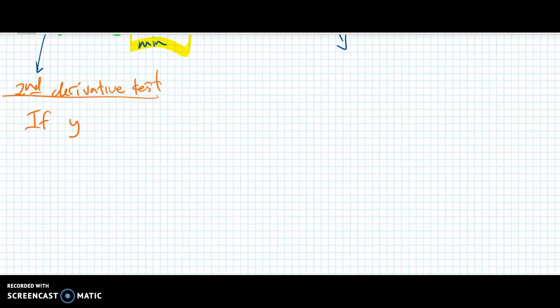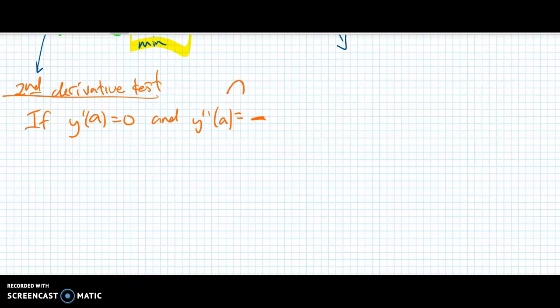You could write it in multiple different ways, but if y prime of a is equal to 0 and y double prime of a is negative, what I always like to do here is draw concave down so I don't mess it up, right?